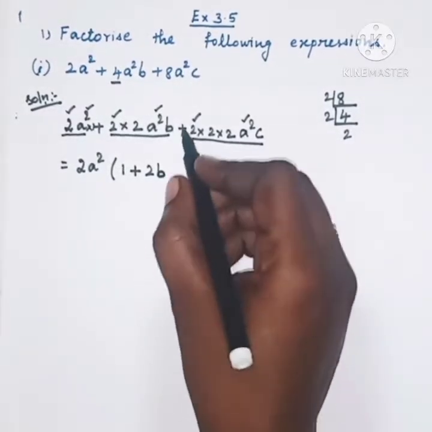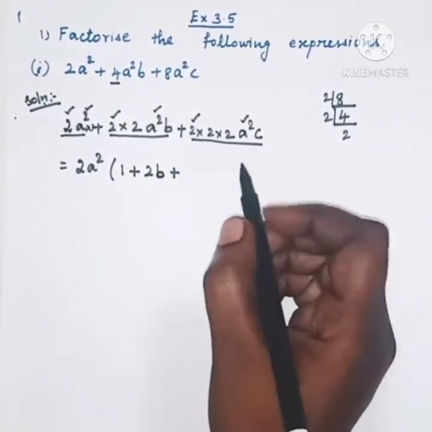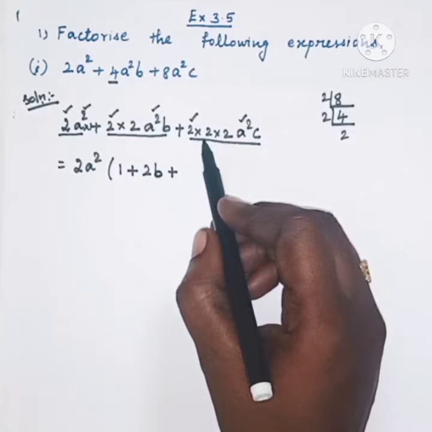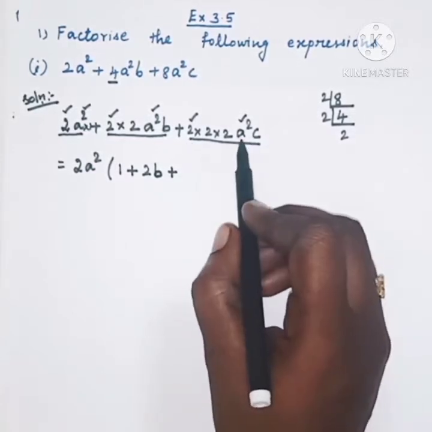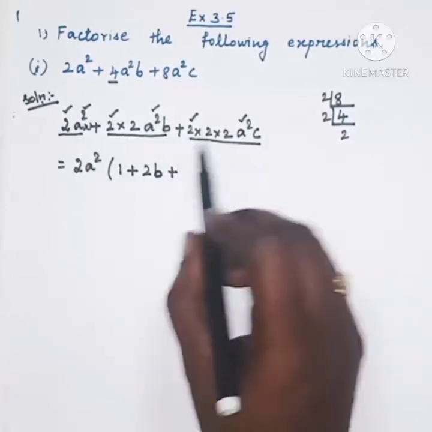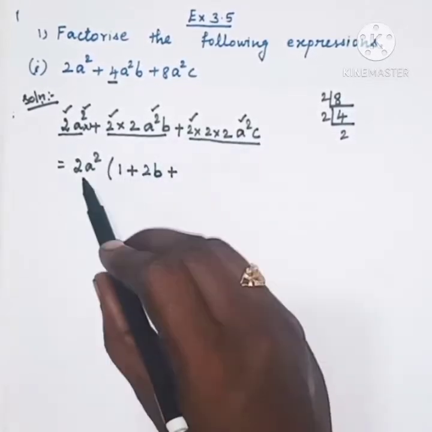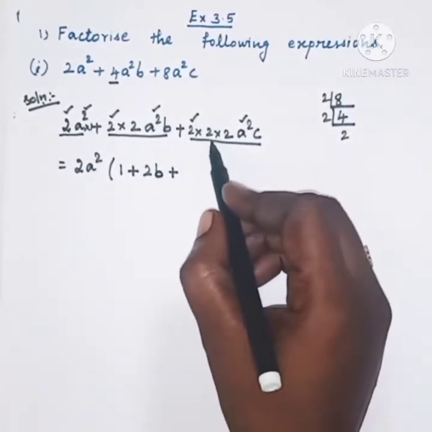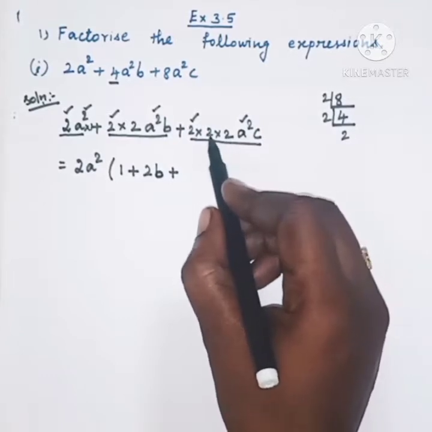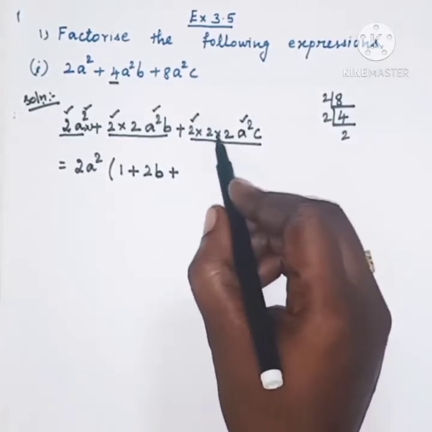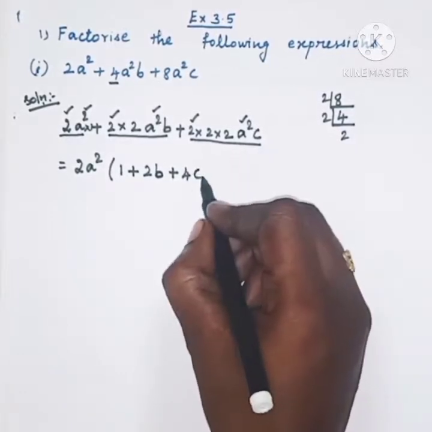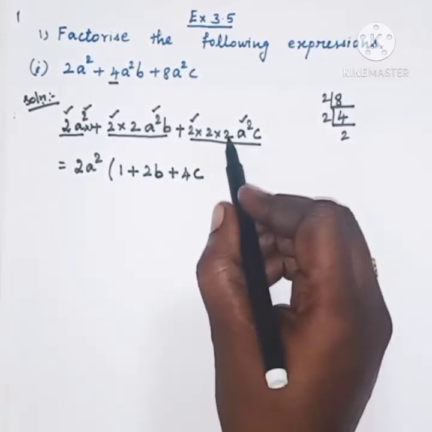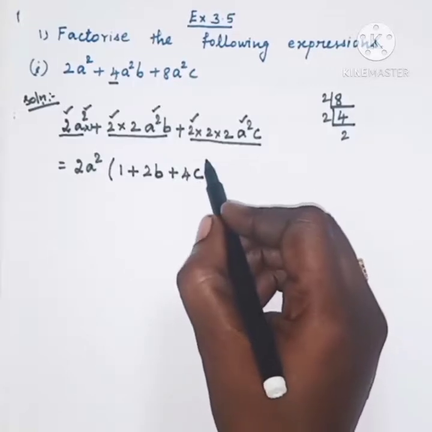And then put the plus symbol again. In the third term we took 2a square outside, isn't it? So the remaining terms are 2 2s are 4, and the remaining variable is c here. So 2 2s are 4, 4 into c, 4c.